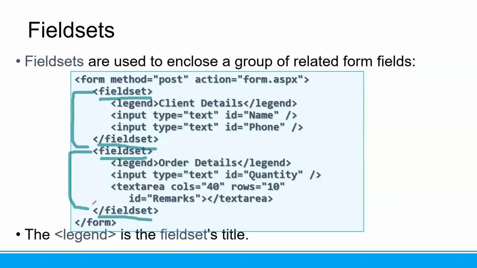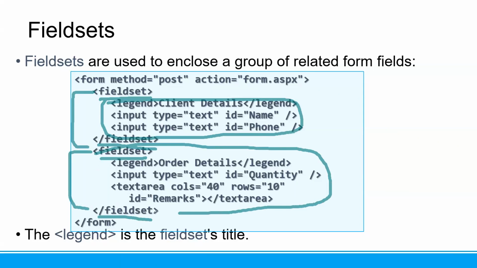In the first field set, we are going to group the client data. In the second field set, we are going to group the order data. With this kind of field set, we can make the data more structured. So we know that this data belongs to the client, and this data belongs to the product or the order.